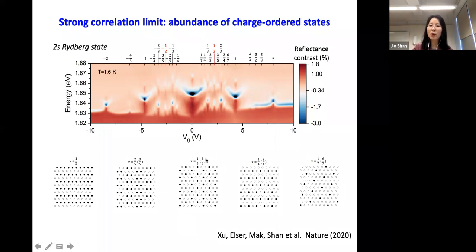For example, for this 2/3 state, we have a honeycomb occupied pattern, and in the middle of that pattern we have an empty site. This state is a charge order state, and sometimes you can call it a generalized Wigner crystal. Wigner crystal usually refers to electron crystals without a lattice, and we add the word generalized because now we have a lattice.